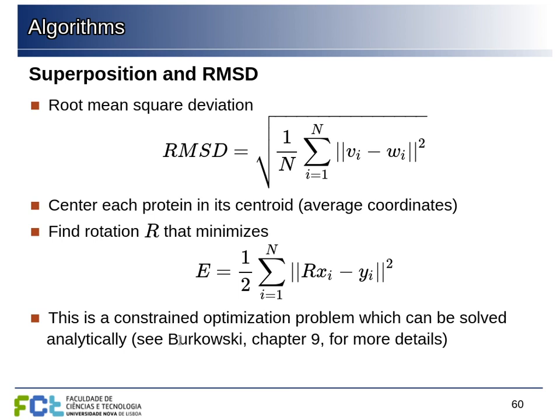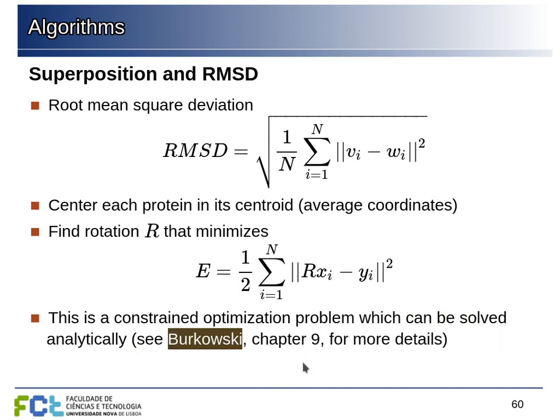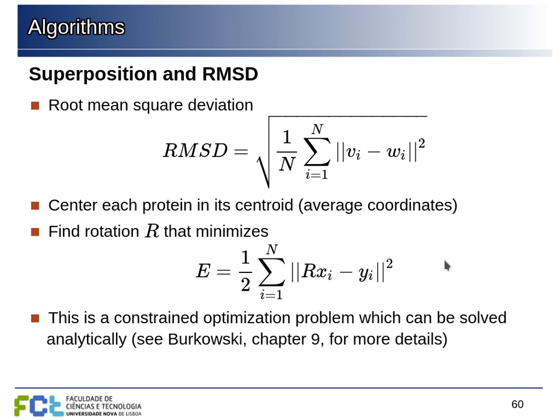This can be solved analytically, it has an analytic solution. If you want, you can see the Structural Bioinformatics book by Burkowski, but we don't need to go into those details. Basically, we can just solve this problem and find the matrix that matches as best as possible the coordinates of one protein to the other.